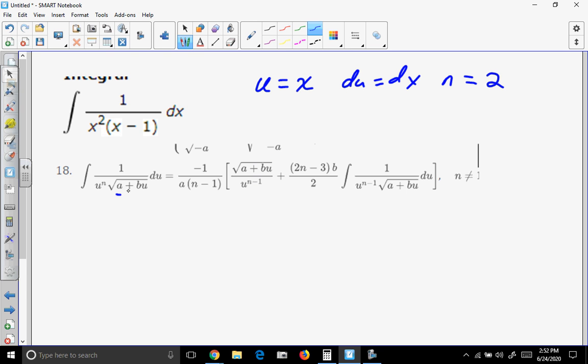A is a constant, so our constant is -1. B is the coefficient of u. If u is x, then that's bu, so the coefficient of x is 1. So yes, that's what we have. We have 1 du. This is bu, and that's a, where a is -1.